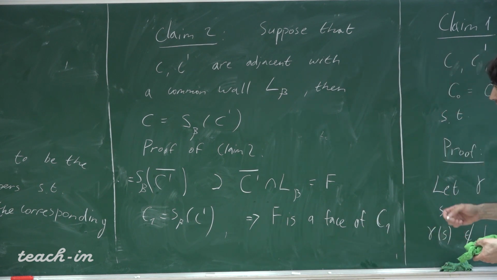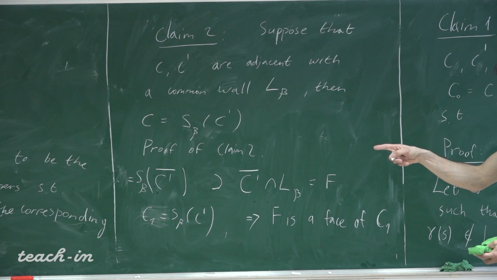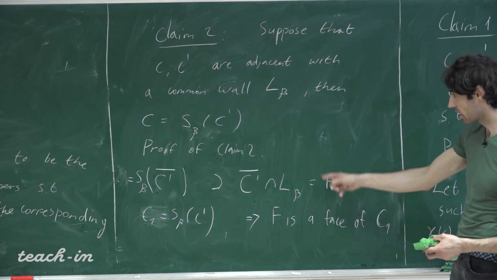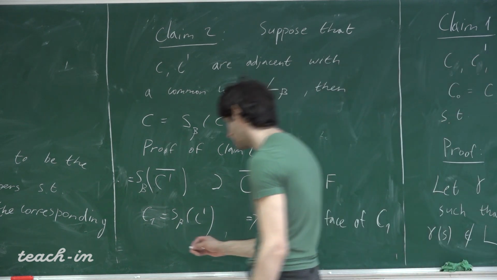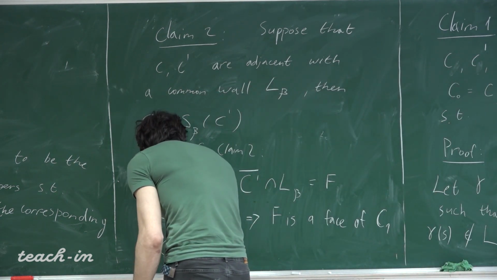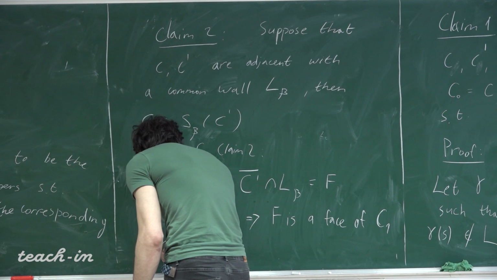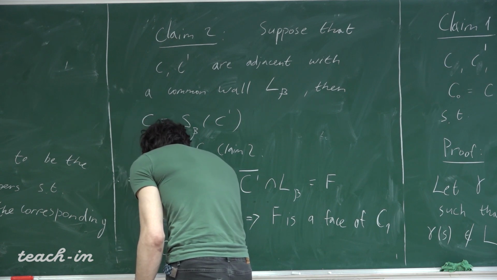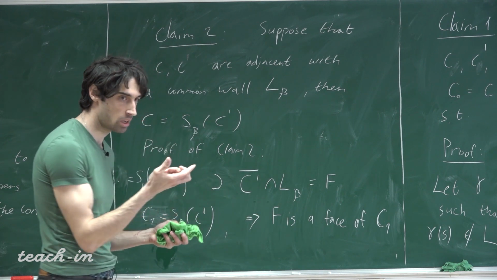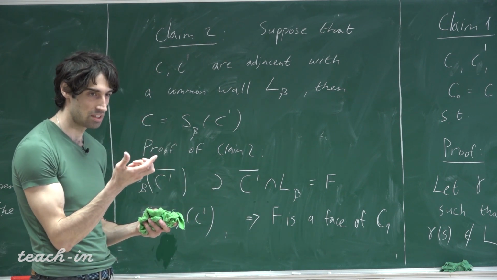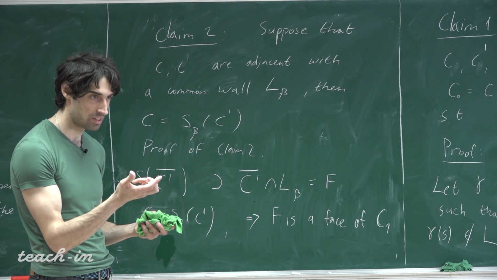So therefore, C1 and C, but also F is a face of C. So therefore, we have three Weyl chambers with a common face: C, C prime, and C1.